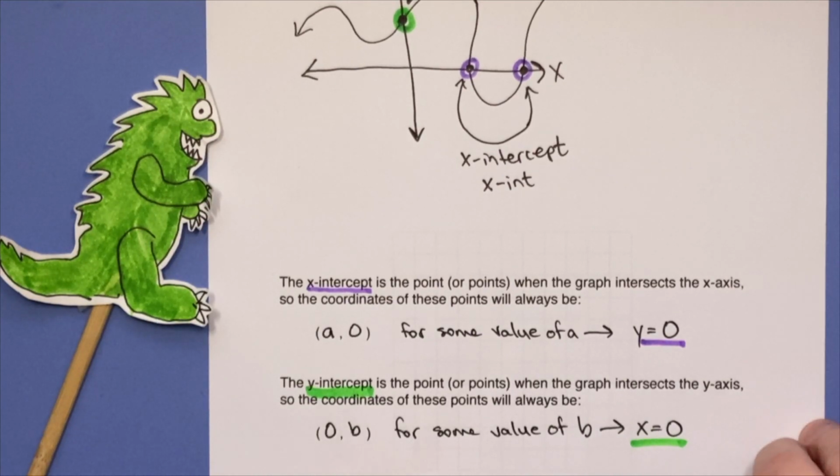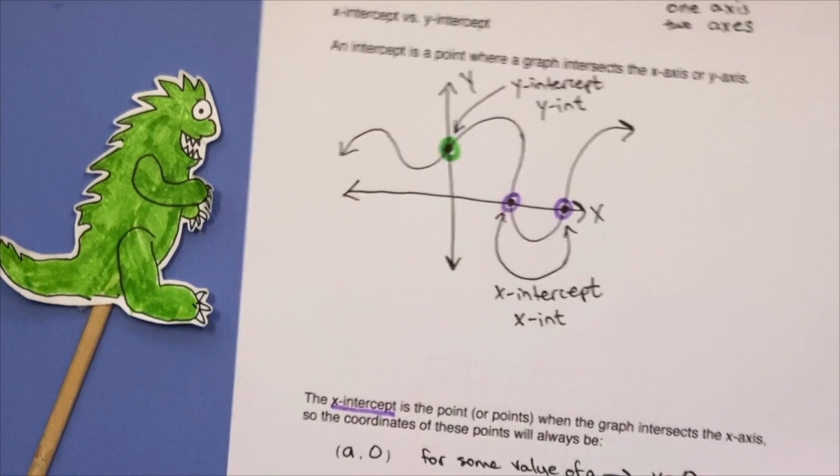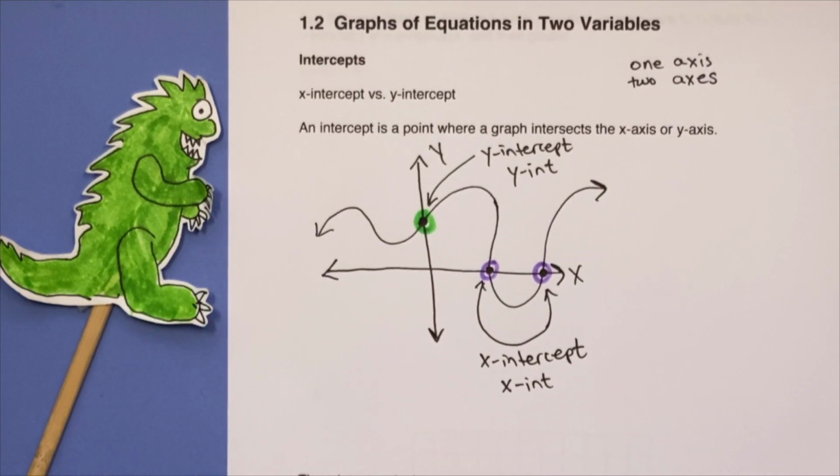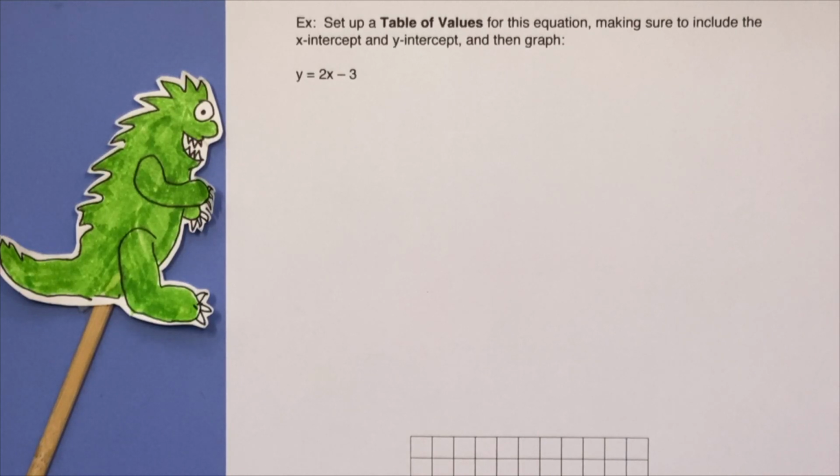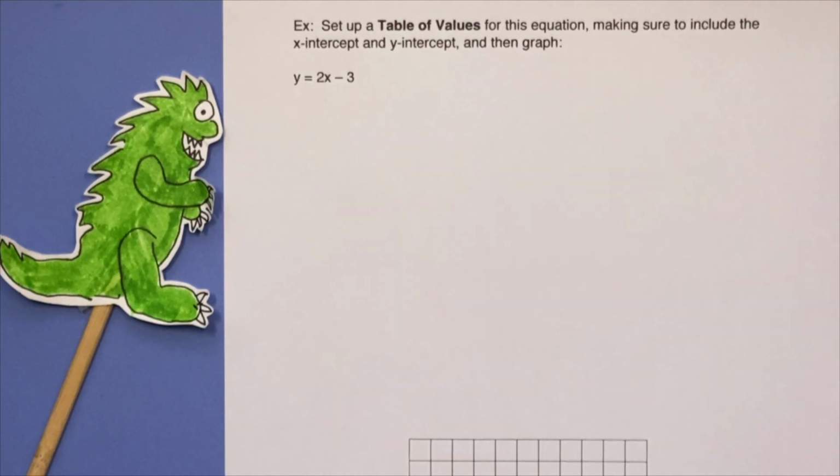Okay, so let's go ahead and look at a problem where we can practice doing this. For this particular problem, we're going to set up a table of values for this equation. Now, not everyone uses a table of values. There are many ways to graph a line.